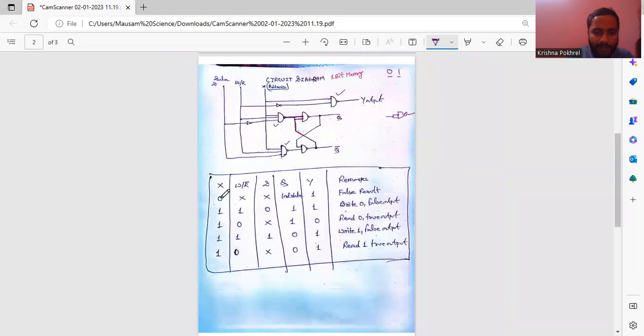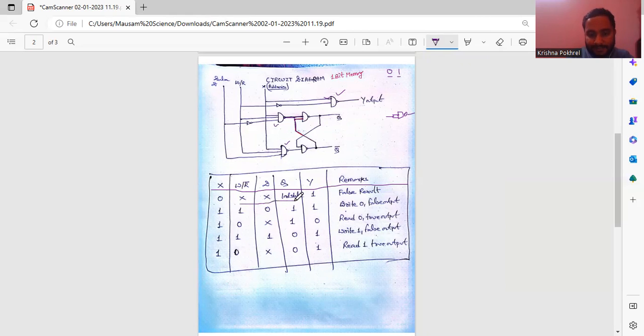At first, we'll give the address. The inputs are address X, read/write, and data. If the address is 0, then for this NAND gate, if any one input is 0, the output will be high. Then we don't care about the rest.